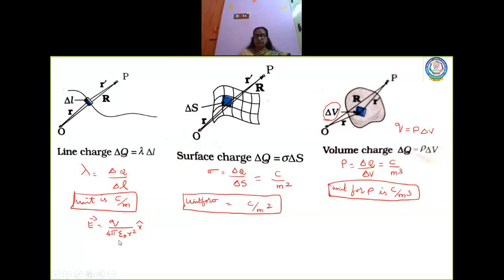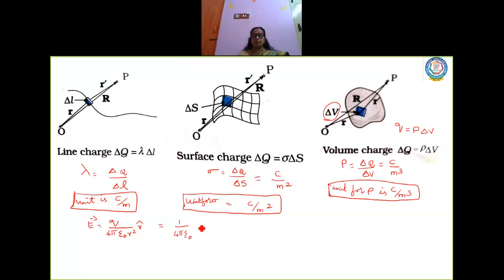So substitute here for the value of Q. When I substitute the value of Q, again it is 1 by 4 pi epsilon naught.